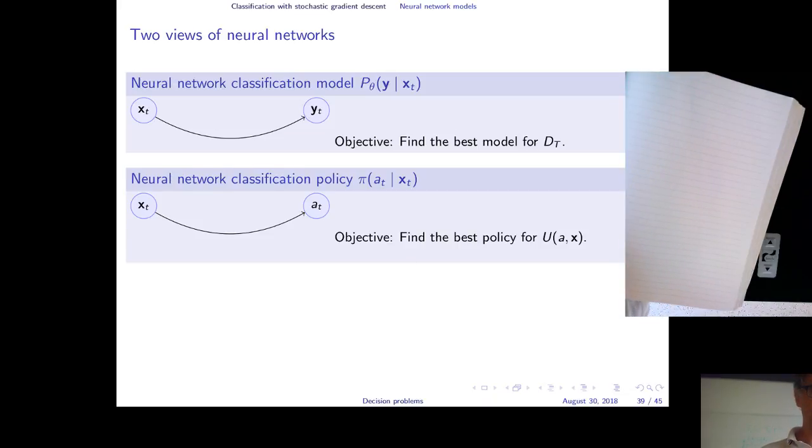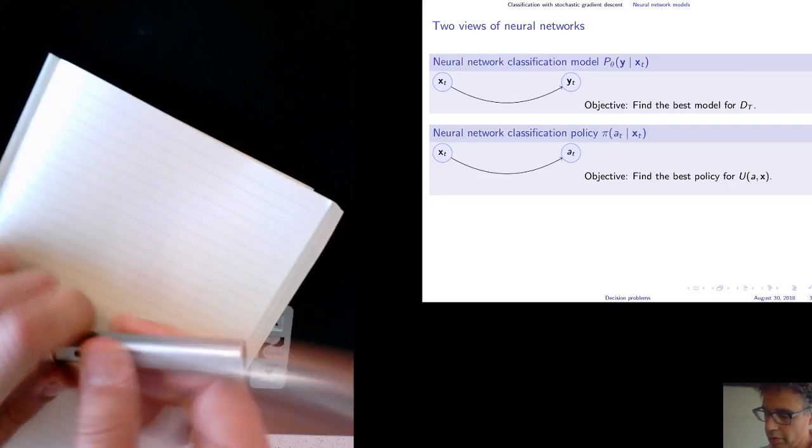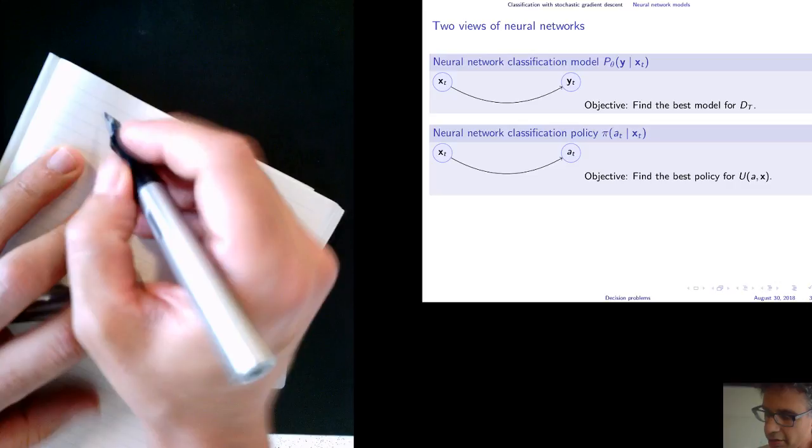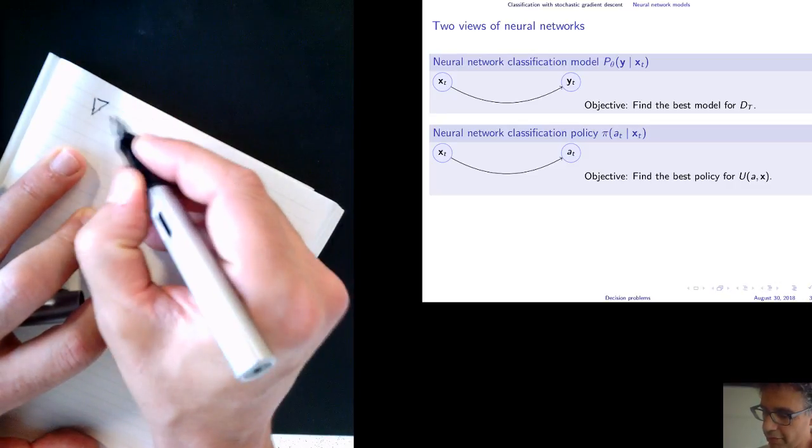So go through it again. The idea here is that you want to get the derivative of some function f, right?